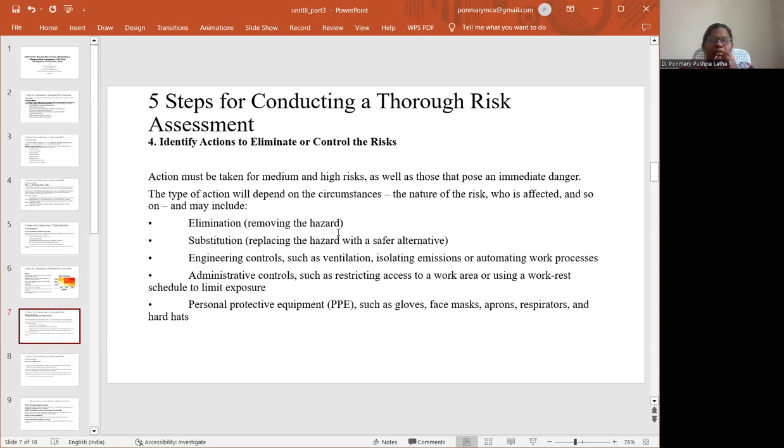If there is a problem in one environment, you may change to another environment. Or sometimes, when there is a ventilation problem, you can give artificial ventilation. Like this, we have to take action to eliminate the risk.